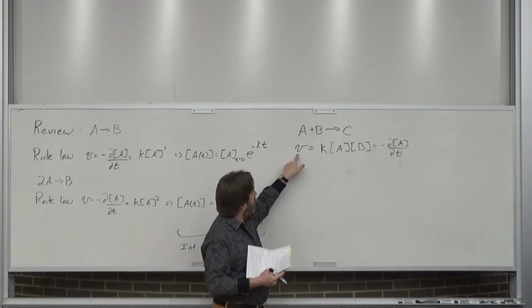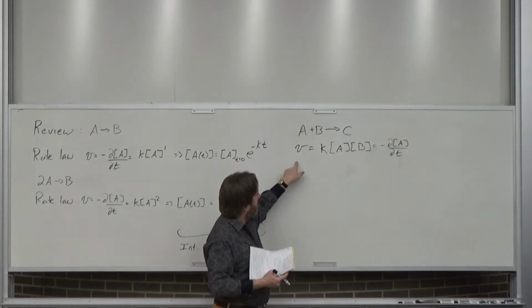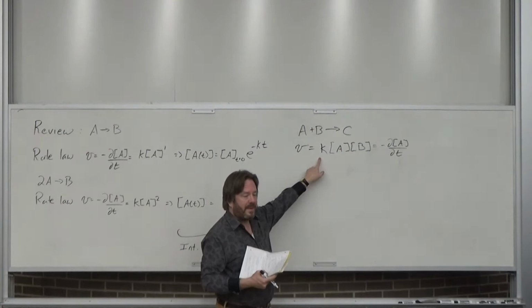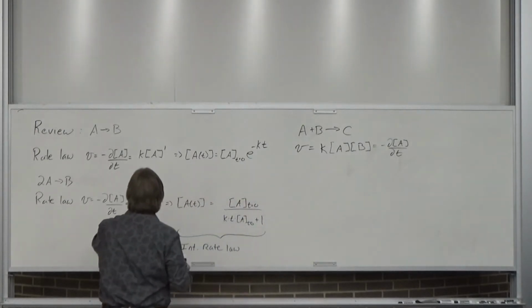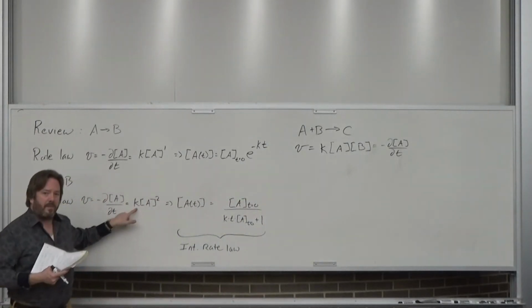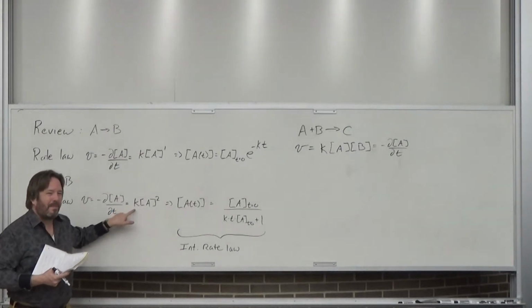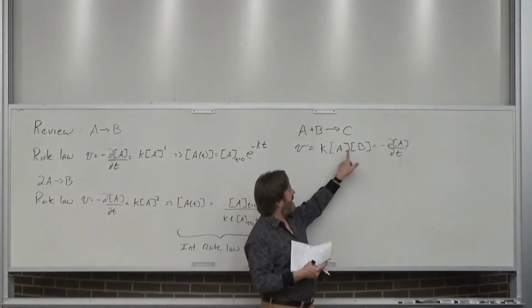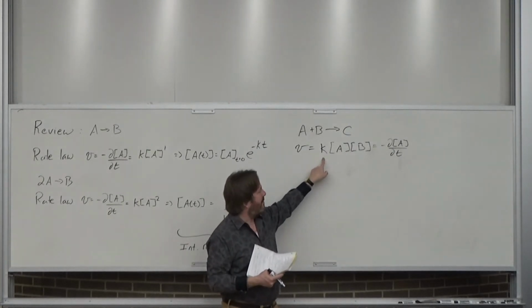This is molarity per second. This is molarity squared, so K is per mole per second. The K here is the same, per molarity per second. So these are both second order reactions. Again, you can tell because the K's have the same units.